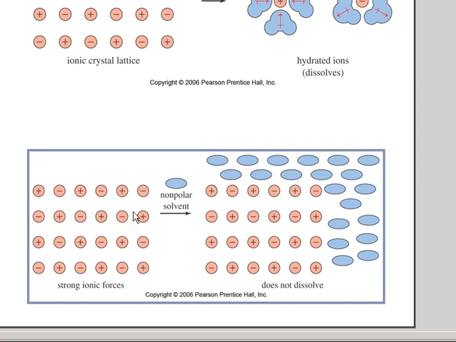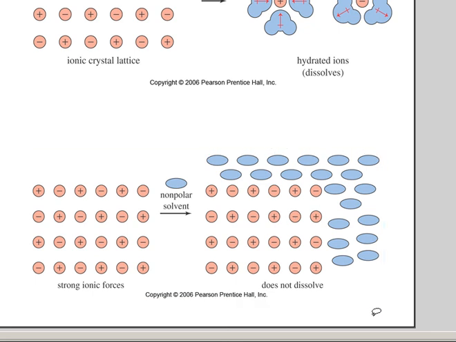There's no way for it to interact effectively with the LDF. So what happens is the ionic compound continues interacting with itself, forming ionic interactions. The nonpolar solvent continues interacting with itself, forming its LDF interactions, and they never interact with one another. There's no solubility that occurs.